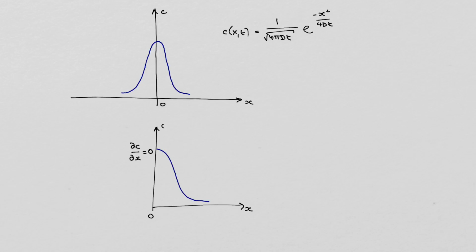The only difference, as I hinted last time, is that because all of the material that you deposited must diffuse into x greater than 0, there actually is twice as much there as there would be if half of it went to the right and half of it went to the left. So you have to take your fundamental solution and multiply it by 2, which cancels the 4 in the square root, so that when you integrate this up, it again integrates to the total amount of material that you deposited on the surface to begin with.